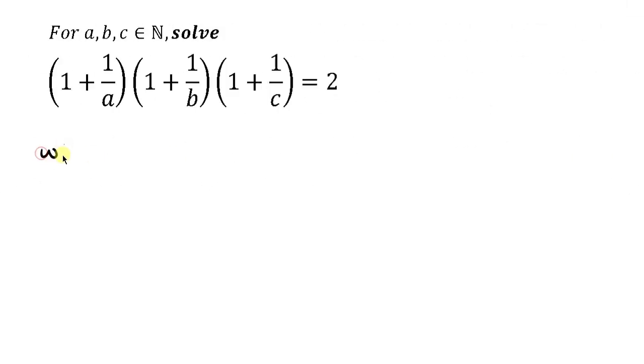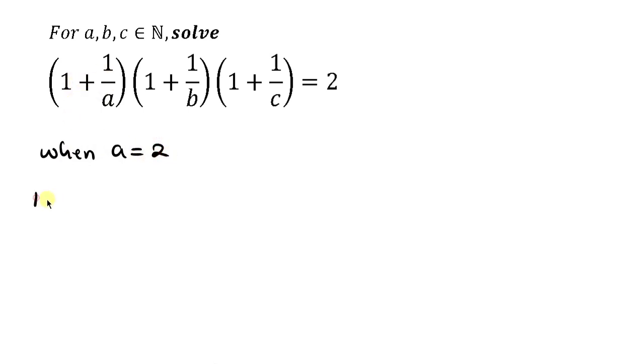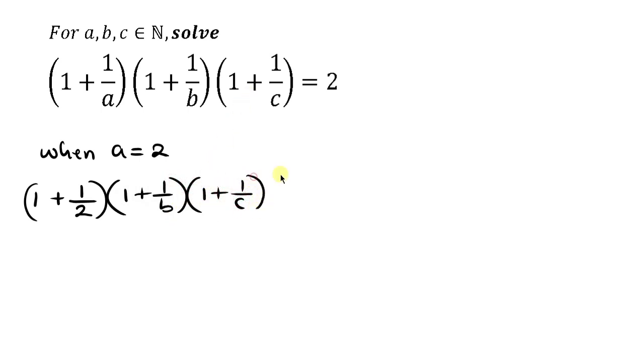So when A is equal to 2, that means this becomes 1 plus 1 over A, which is 2, times 1 plus 1 over B times 1 plus 1 over C equal to 2.